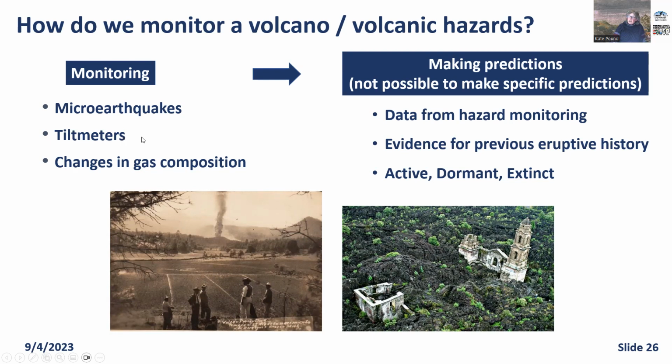They also install tiltmeters, those devices that just measure how much the land is tilting. That happens when you have magma coming up from below, and it makes the slopes maybe get steeper. And then we also measure changes in gas composition, and all that allows us to make predictions in general about the likelihood of an eruption.